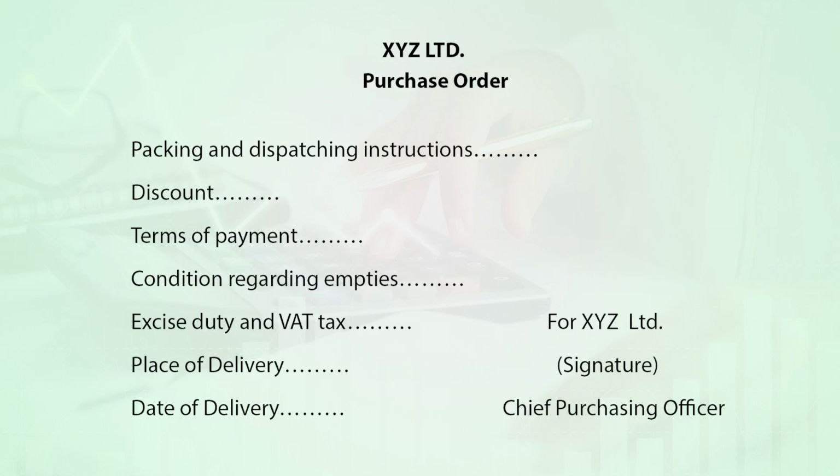It also includes terms of payment, conditions regarding MTs, excise duties and VAT tax, place of delivery, date of delivery, and this order is to be signed by the Chief Purchasing Officer of XYZ Limited.